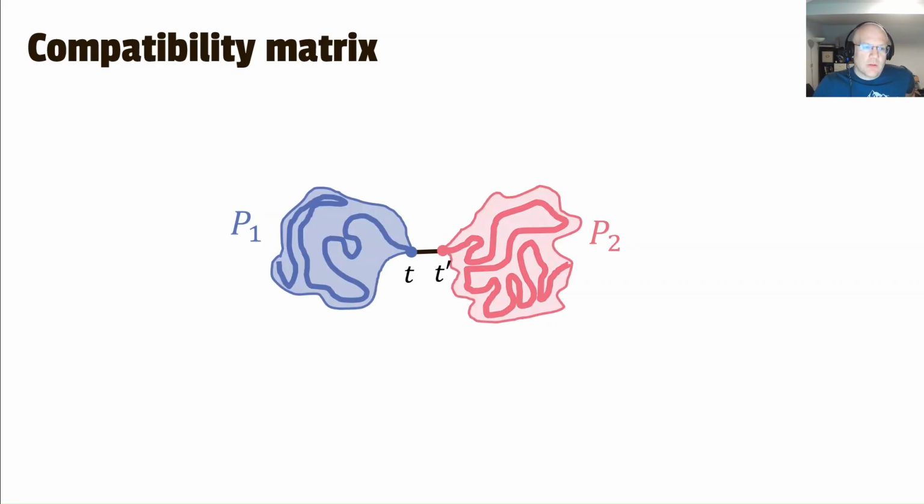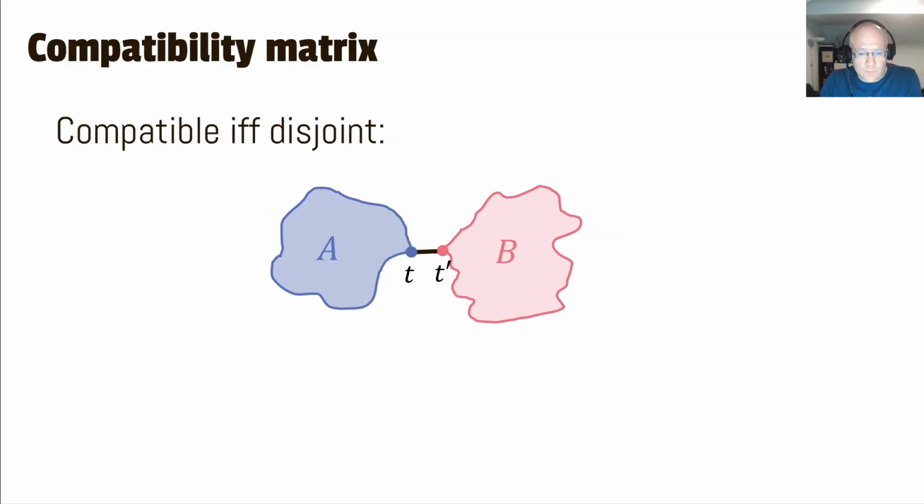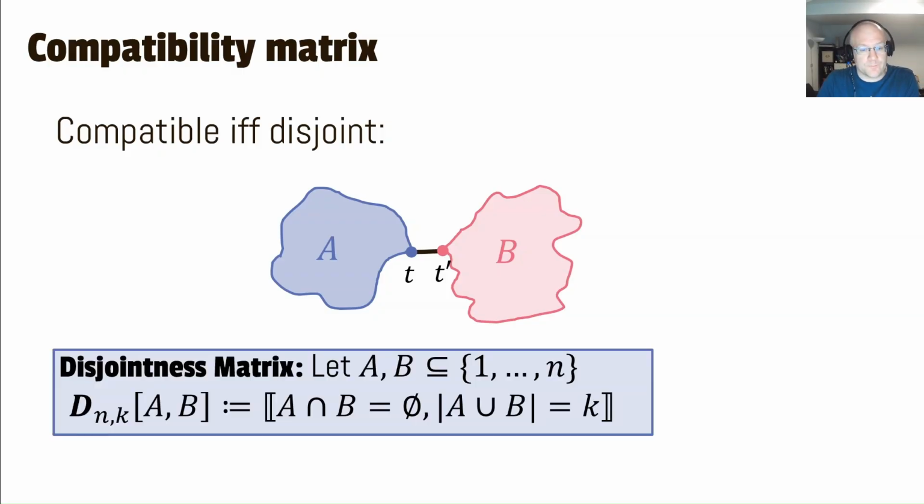So actually you only need to know the set of visited vertices of P1 and of P2, and these two partial solutions form a global solution if and only if these sets are disjoint. So we only care about the set A of visited vertices by P1 and similarly B.